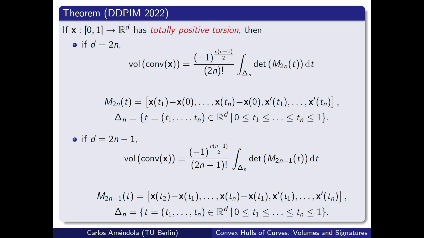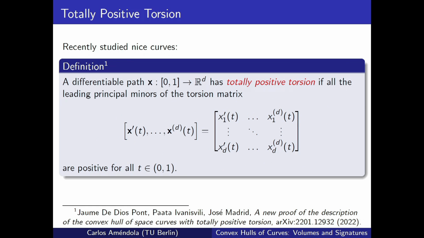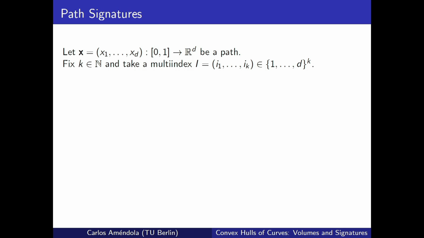You need to think of the even case and the odd case a bit differently. But what we want to do is connect these formulas and extend them beyond this totally positive torsion, which we think is a bit restrictive. In particular, the path has to be differentiable, many times differentiable, to have this property.